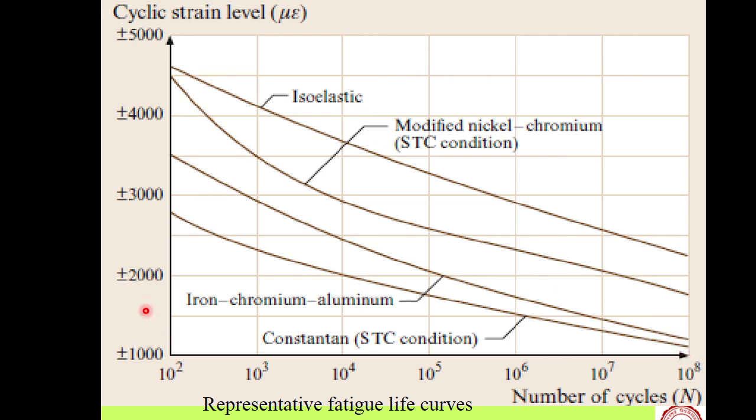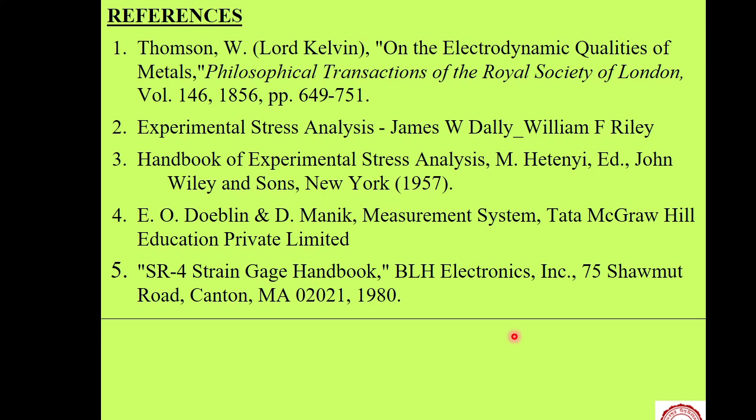So this is the microstrain level. If the experiment is carried out up to 5000 microstrain, or say 4000, we can go up to 100 cycles. So this part is clear, and for different gauge materials, these fatigue lives are different. Different graphs for different materials.